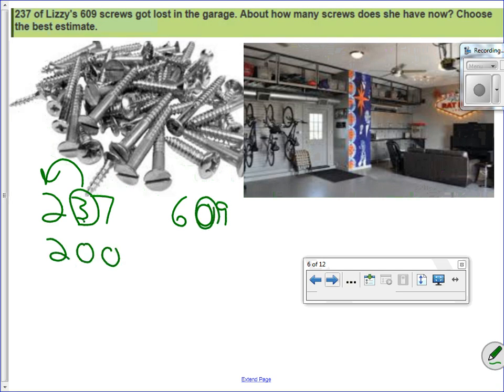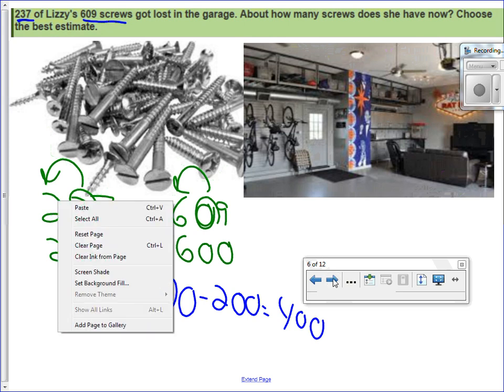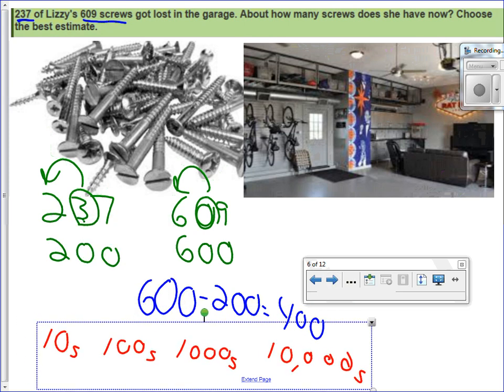This 0 right here is going to cause my 6 to stay the same because it's not above a 5. So I have 600. I'm not subtracting 200 minus 600. You have to read the problem. 237 of Lizzie's 600. So she has 600 to start with. She lost 200 of them. So she has 400 left. Your magnitude estimate bar, and I'll show you what these look like at the end, would be in the hundreds again.